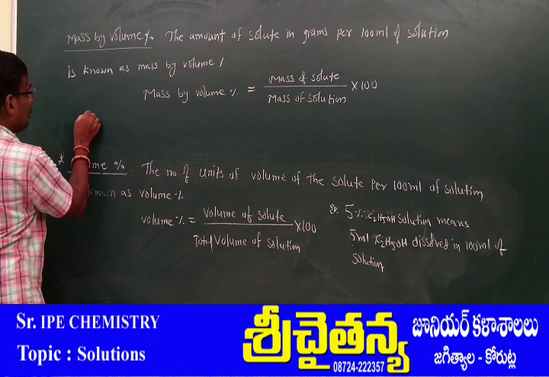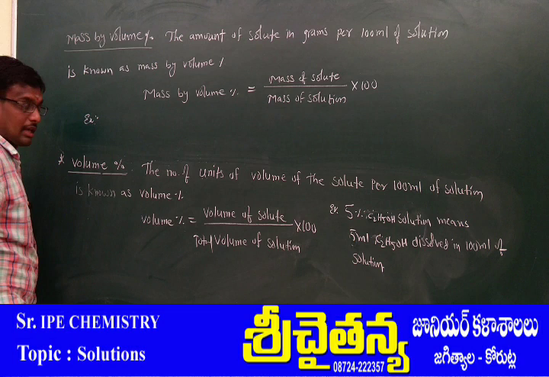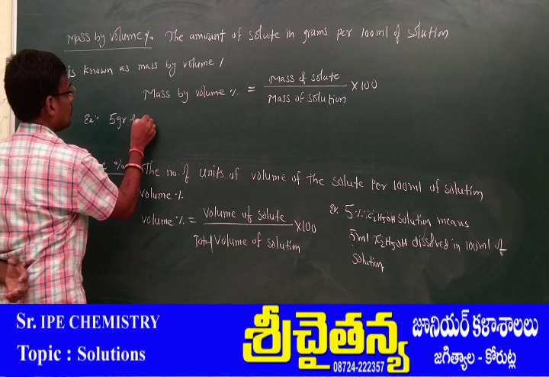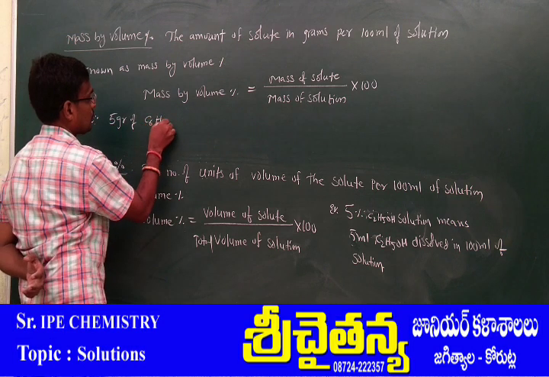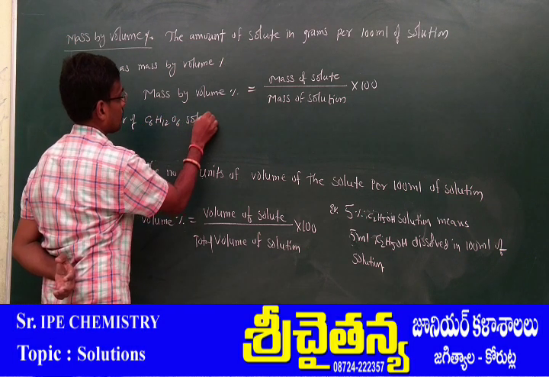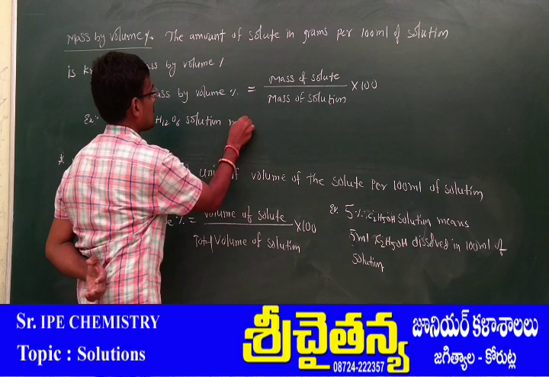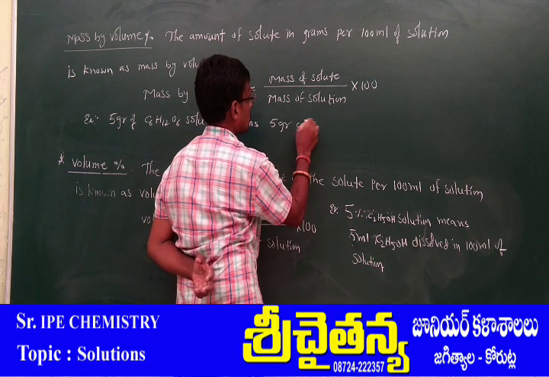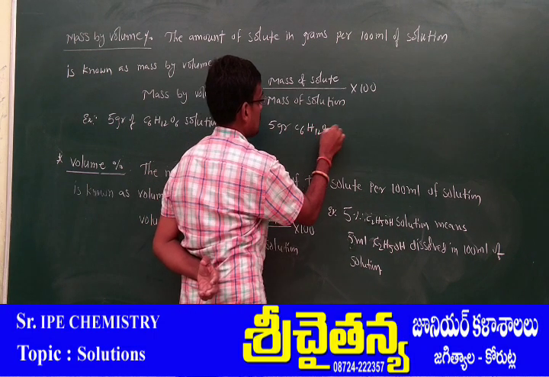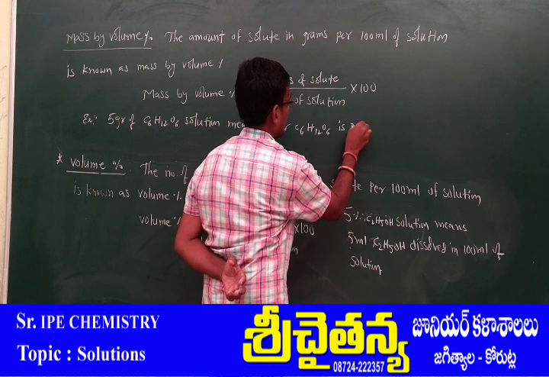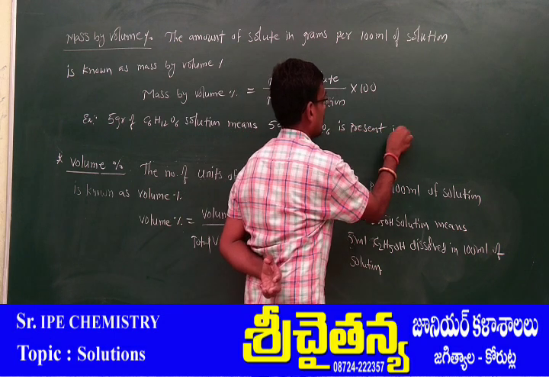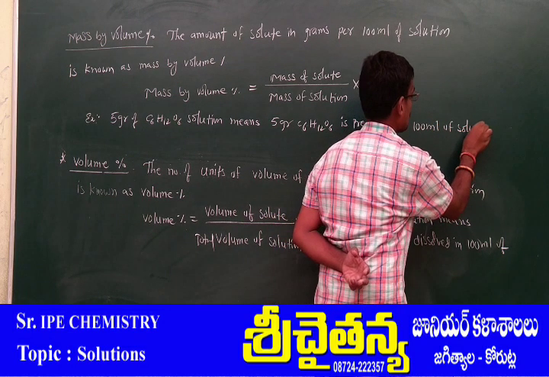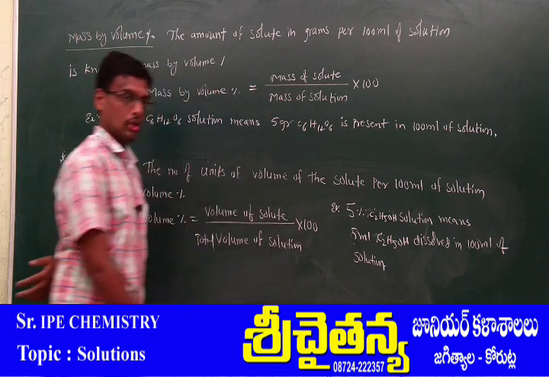So for example, 5% glucose, C6H12O6, solution means 5 grams glucose, C6H12O6, is present in 100 ml of solution.